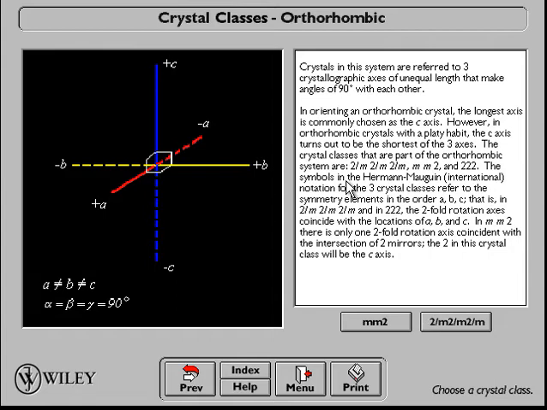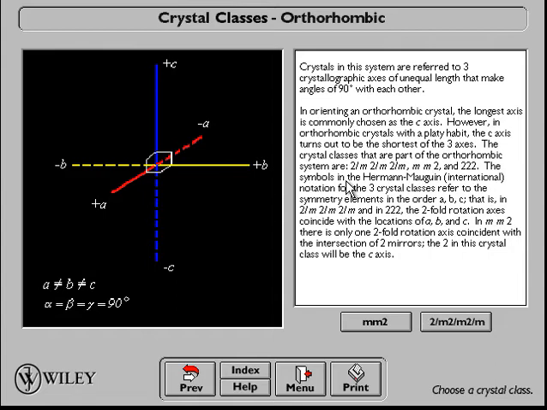That is, in 2/m 2/m 2/m and in 222, the two-fold rotation axes coincide with the locations of a, b, and c. In mm2 there is only one two-fold rotation axis, coincident with the intersection of two mirrors. The 2 in the crystal class will be the z-axis.